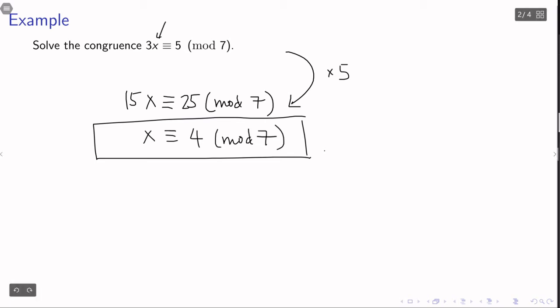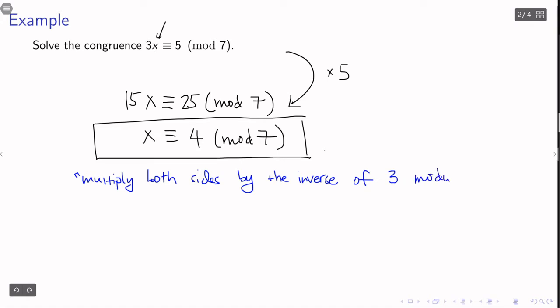And really what we just did there was to multiply both sides of the congruence by the inverse of 3. And not just any inverse, but the inverse of 3 modulo 7.